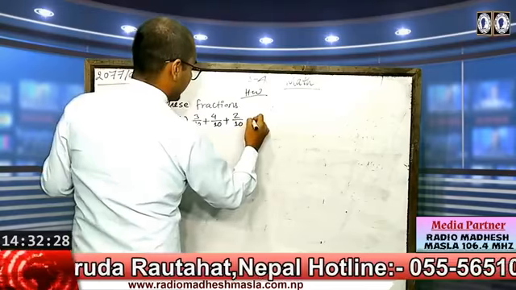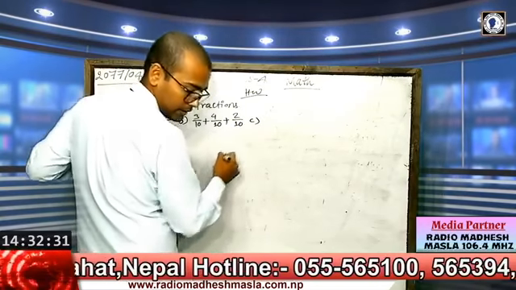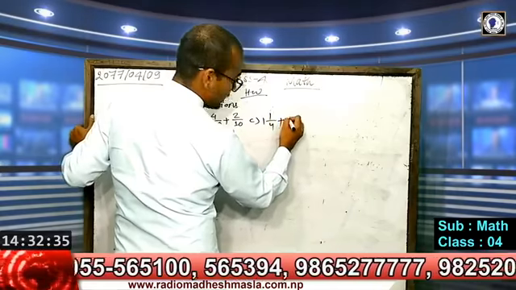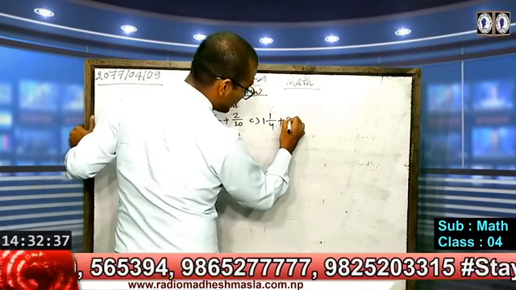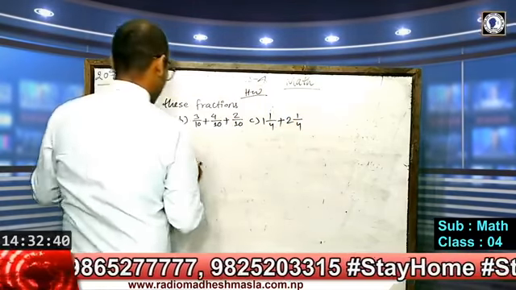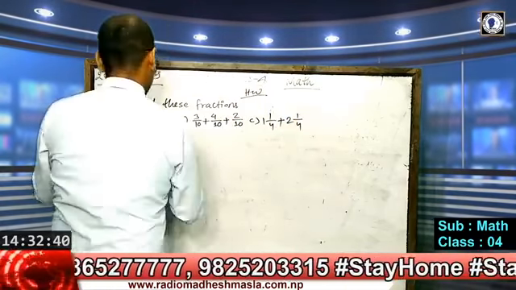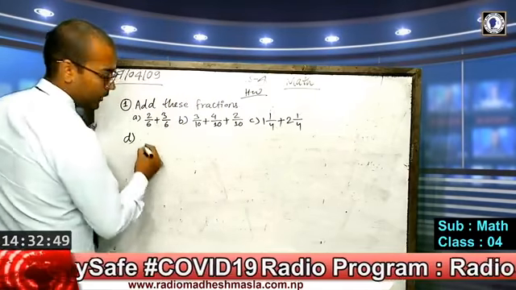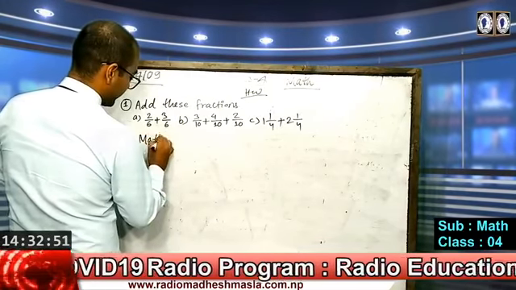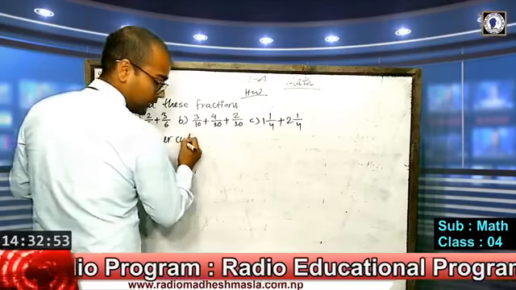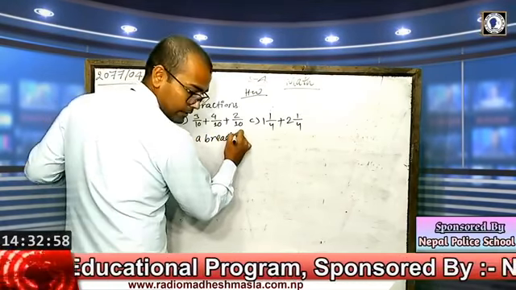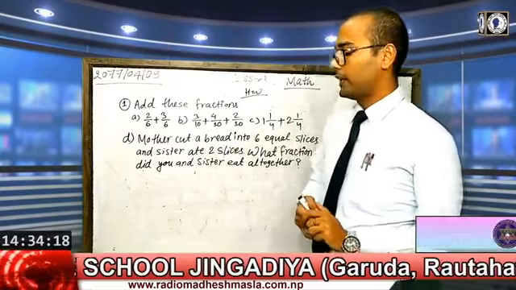In question C there is given 1/4 plus 1/4. Then in question D there is given, mother cut a bread, plus 4.